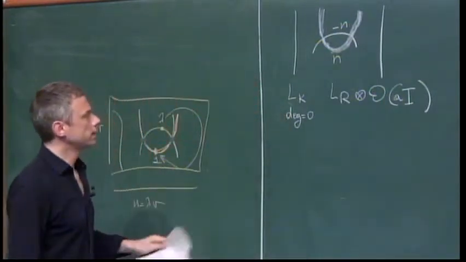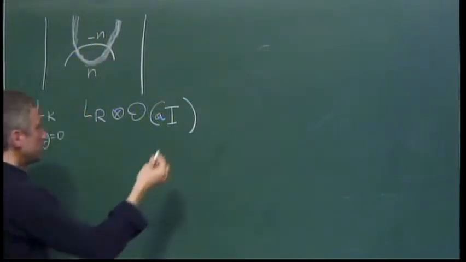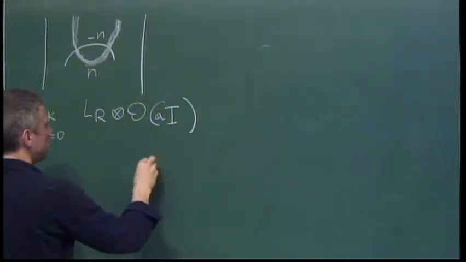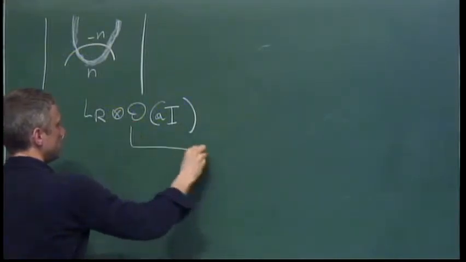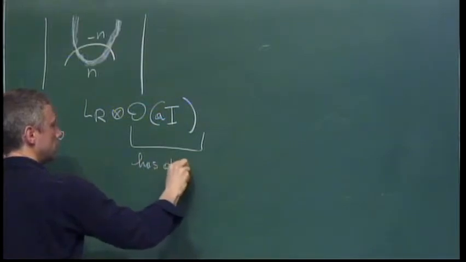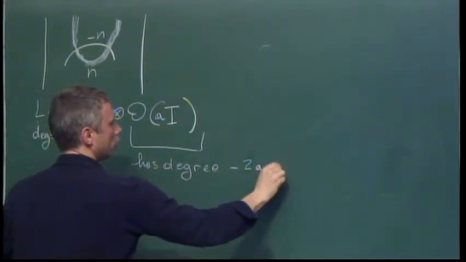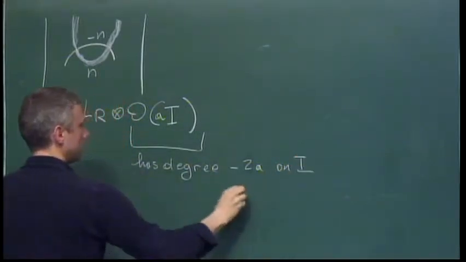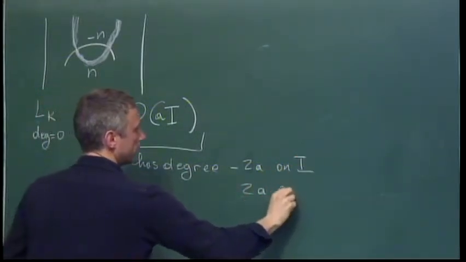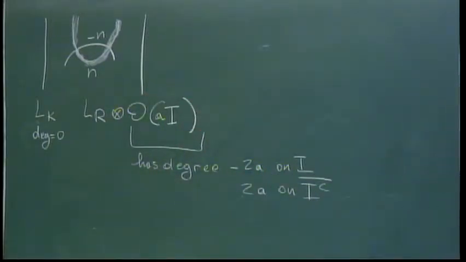And okay, so what is the degree of this line bundle over this special fiber? Well, clearly this has multi-degree minus 2a on I and 2a on the complement of I closed.